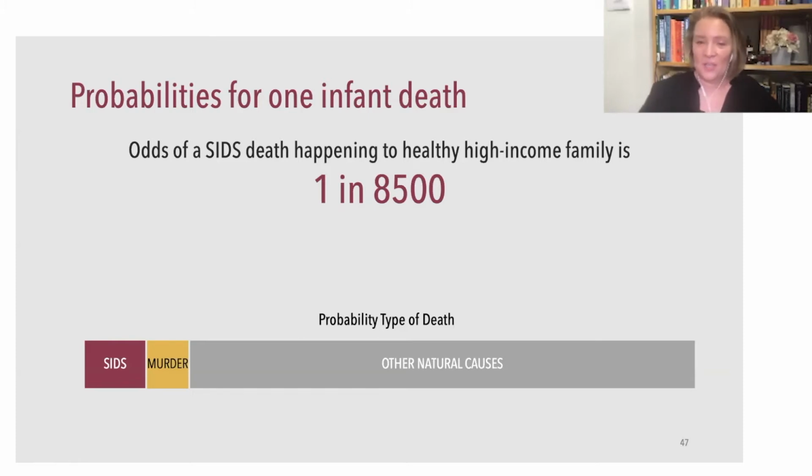So the mathematician that the prosecutor hired did some research and found that the odds of a sudden infant death in a healthy high-income family in Britain was 1 in 8,500.